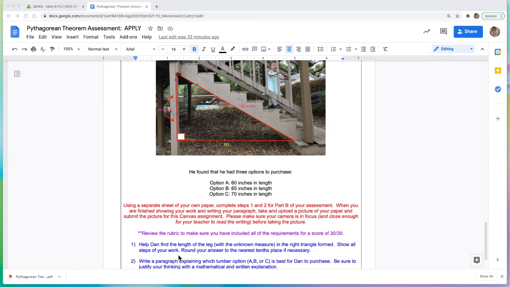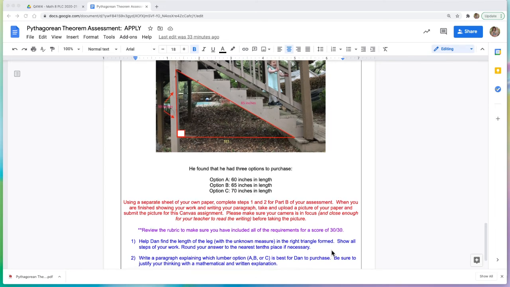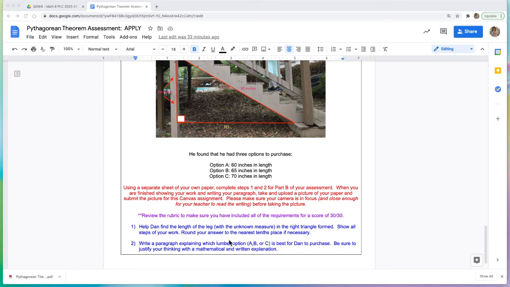So once again, you'll need to show all your work, and if necessary, round your answer to the nearest tenths place. And then you will also write a paragraph explaining which lumber option is best for Dan to purchase in this scenario. Be sure to justify your thinking with a mathematical and written explanation.